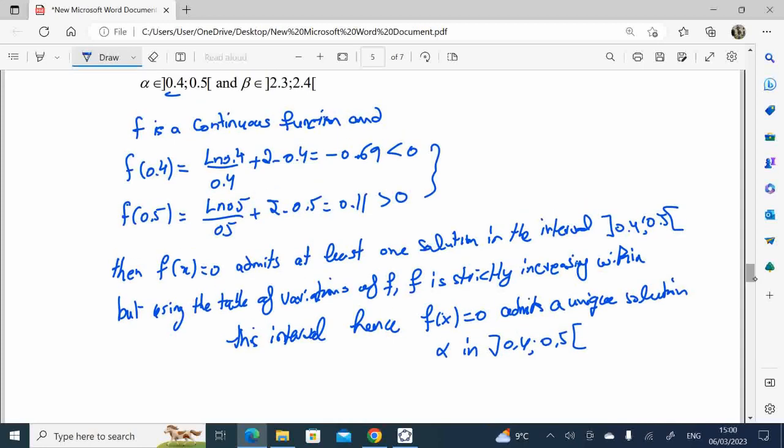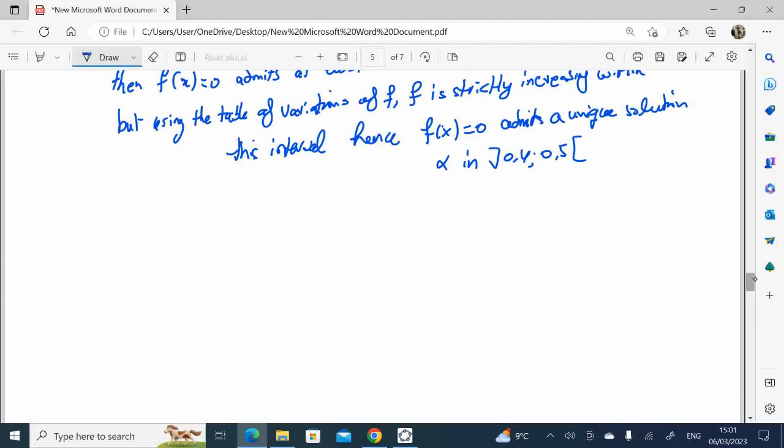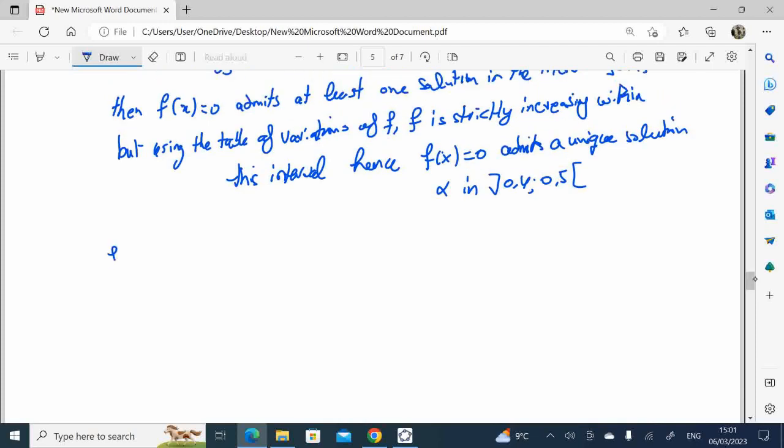We will do the same thing for the second interval. We will say f is continuous and f of 2.3 is going to be equal to ln 2.3 over 2.3 plus 2 minus 2.3. So let me calculate it.